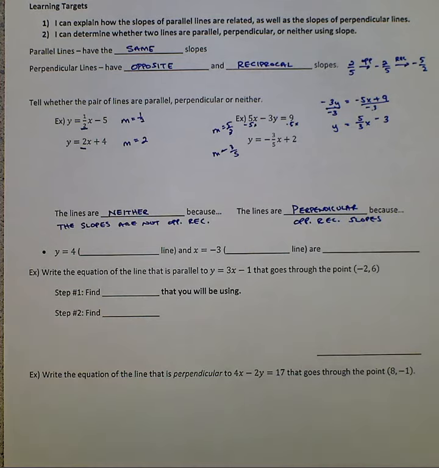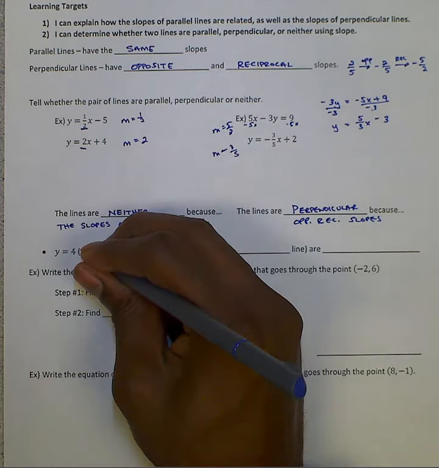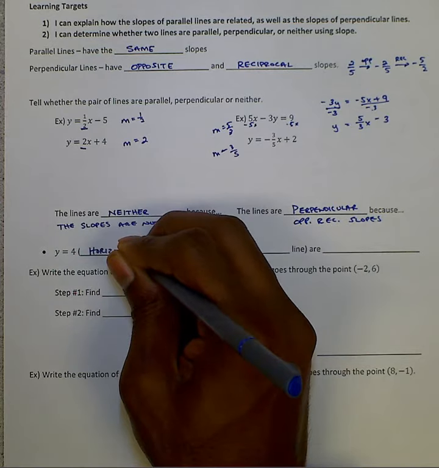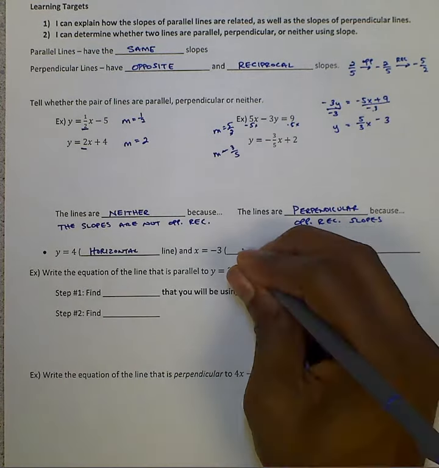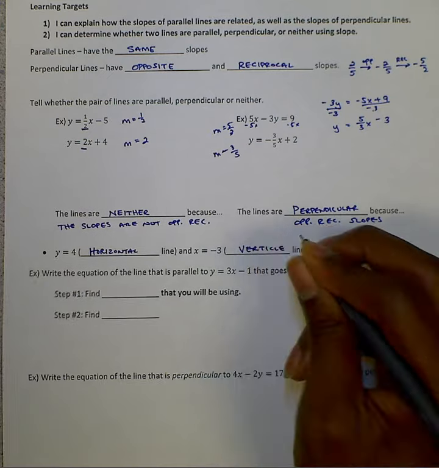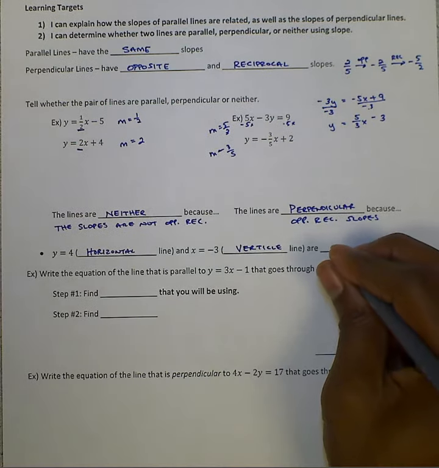Okay, let's look at this down here really quick, just talking about an example. We have y equals 4. Okay, that is a horizontal line. And x equals negative 3, the vertical line, are perpendicular.